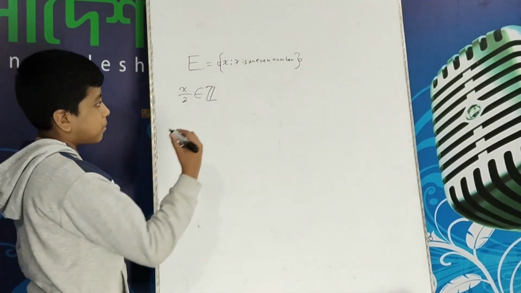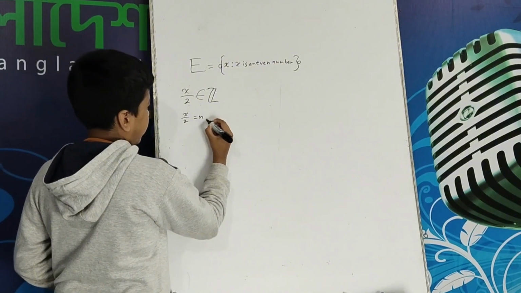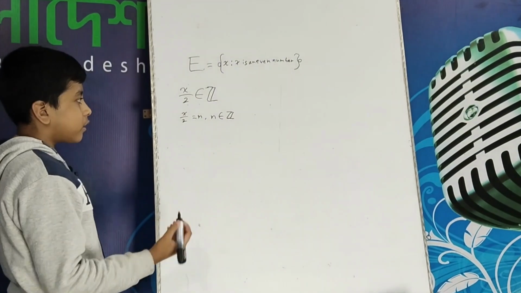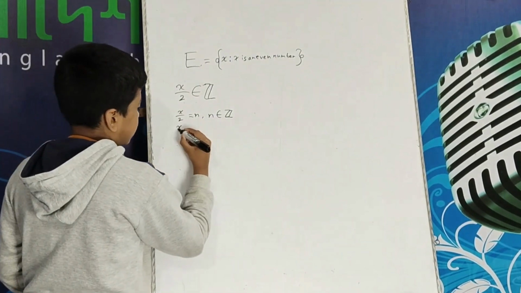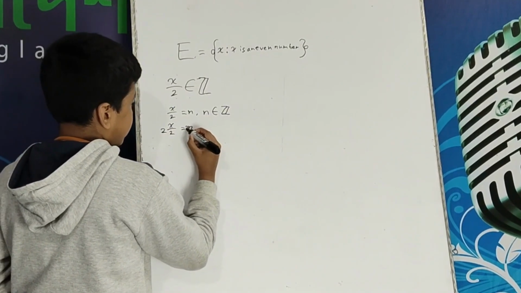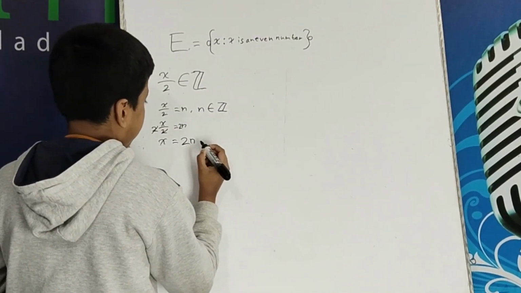So, this must mean that X over 2 equals N, where N belongs to the integers. Here, if we multiply by 2 on both sides, these cancel, we get X equals 2N.